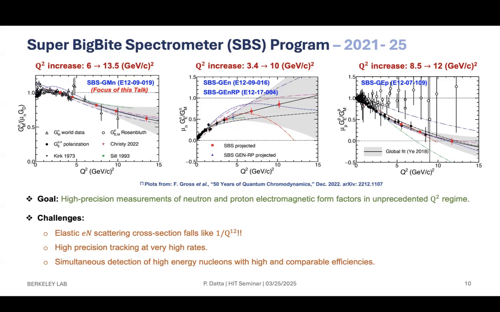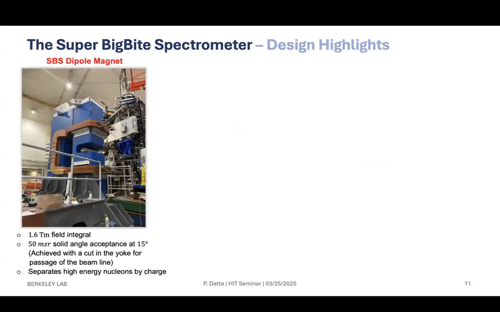To counter these challenges, primarily 3 detector subsystems were built. The first in the list is the SBS dipole magnet, which has a very large solid angle acceptance and can also reach very forward angles. That was achieved with a cut in its yoke to make passage for the beam line. It also had enough field strength to separate high energy nucleons by charge.